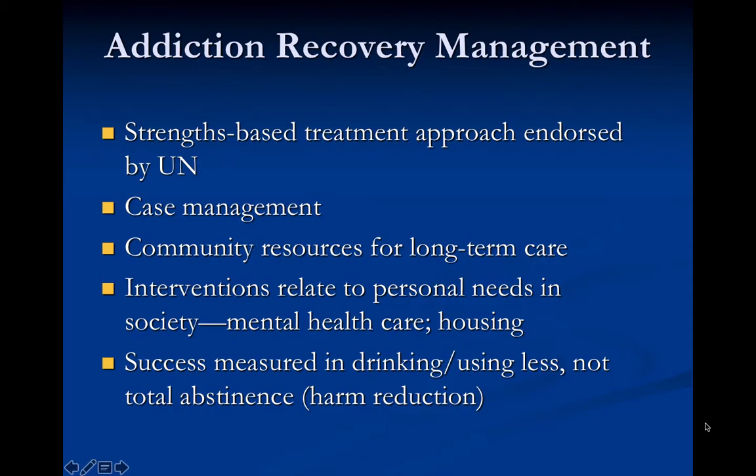And we measure success not necessarily in abstinence, but in moderated and modified behaviors. So maybe somebody is drinking 5 drinks every day, and then they are able to go to 4, and then to 3, and then maybe they're drinking every other day. Okay, so measurable goals is very important.